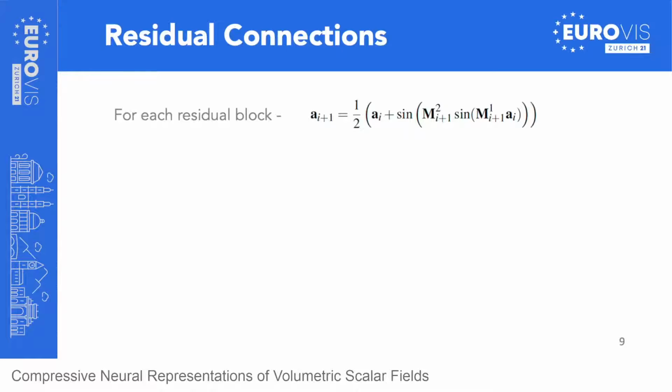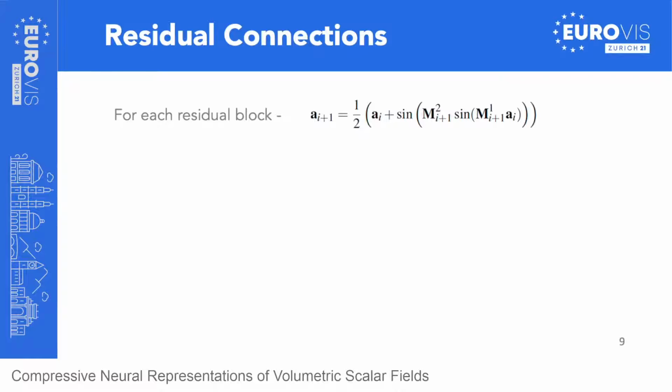We also use residual connections in our network to tackle the vanishing gradients issue in training as we increase the number of network layers. A residual block in our network takes the form above, omitting bias vectors for clarity.